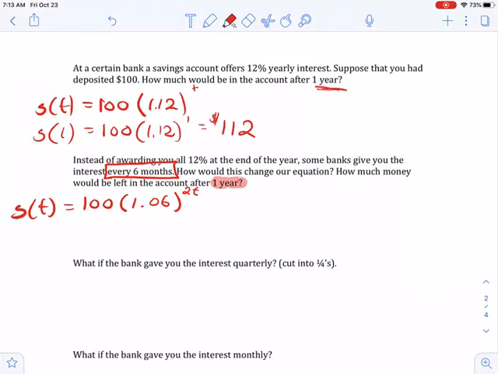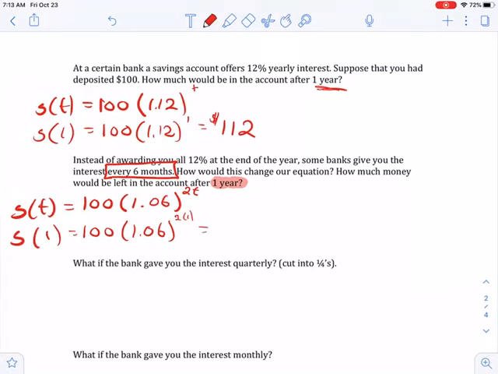I want to be able to plug in the number of years into my equation, and I want it to multiply by 1.06 twice, because in theory it's going to do it around June, and then it's going to do it again in December. So if I take a look at what's going to happen to my end result, this becomes 2 times 1, or just squared.